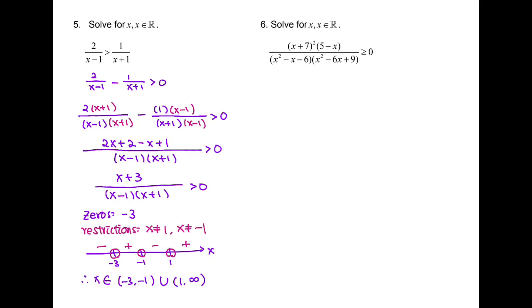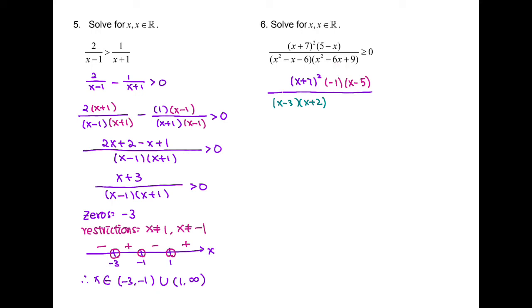Example 6. Step 1. We need to have a 0 on one side of the inequality, which we do have already. Step 2. Let's factor the rational expression that is on the left-hand side of the inequality. So first, let's factor the -1 in front of the x, and the first bracket in the denominator can be factored into x minus 3 times x plus 2.